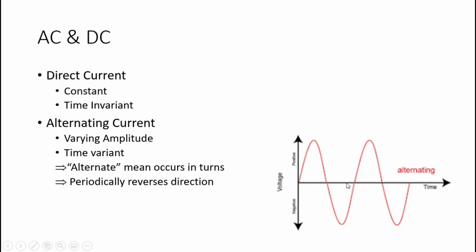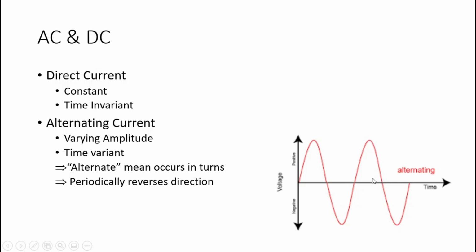But after 1 second you see that it's not positive, it gets negative, and negative current means it's moving in a different direction compared to the one it was moving in at the beginning. So it's moving in the opposite direction. But you can see that its behavior in the positive direction and the negative direction is the same, and it has again the same behavior in the positive direction after this time period.